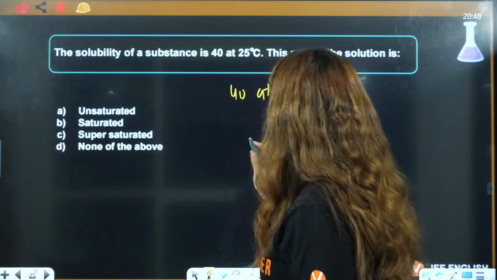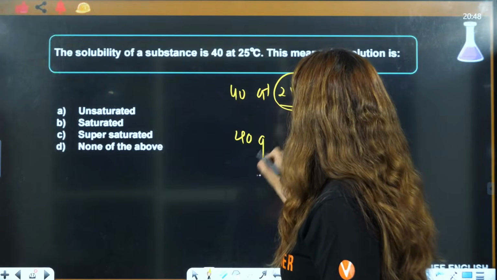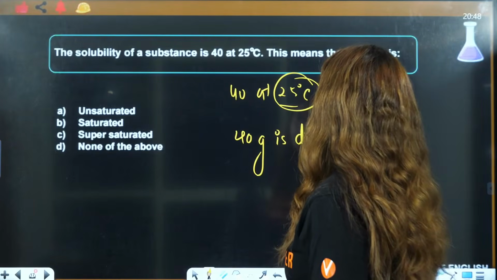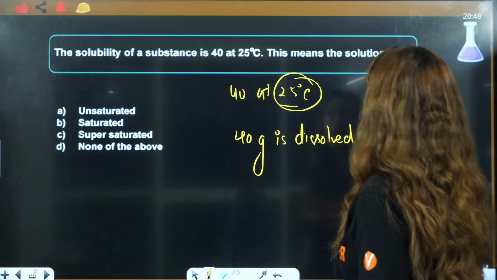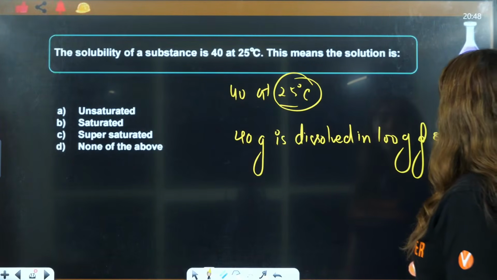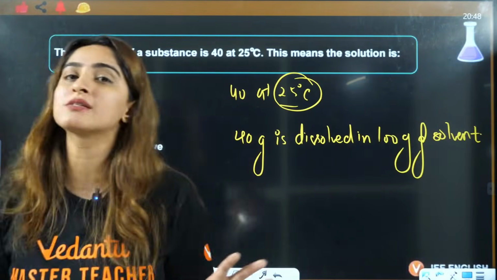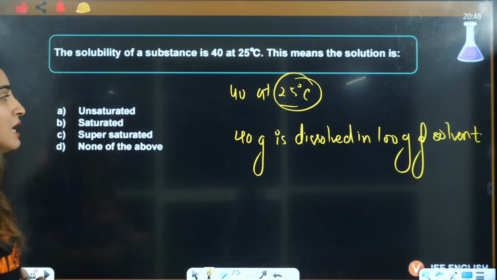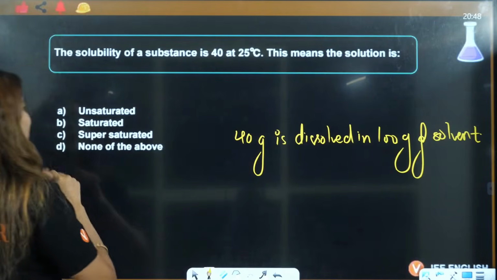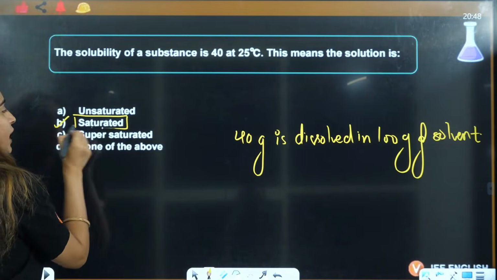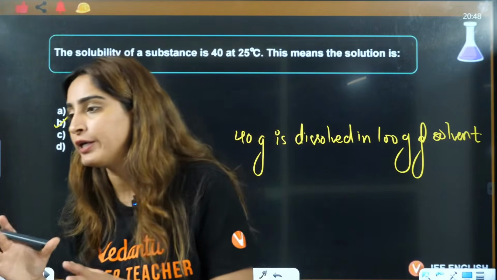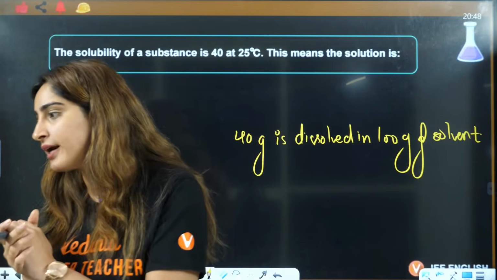This means 40 gram is dissolved, the maximum you can dissolve, in 100 gram of solvent. Beyond this you cannot dissolve. So this is a saturated solution. You have calculated the solubility, and no more solute can dissolve in it.